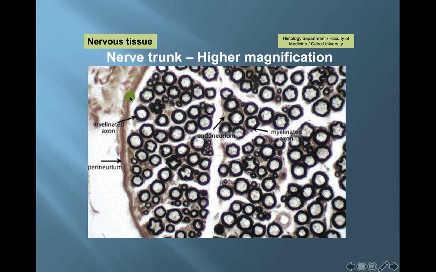Of course, we have this white or lightly stained area. They are stained non-specifically, just a very faint stain. This is the endoneurium, and also a non-specific stain for the perineurium in this picture. And this is one bundle only of the nerve fibers.